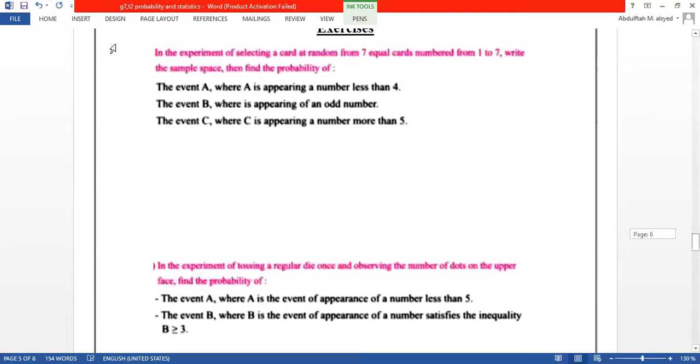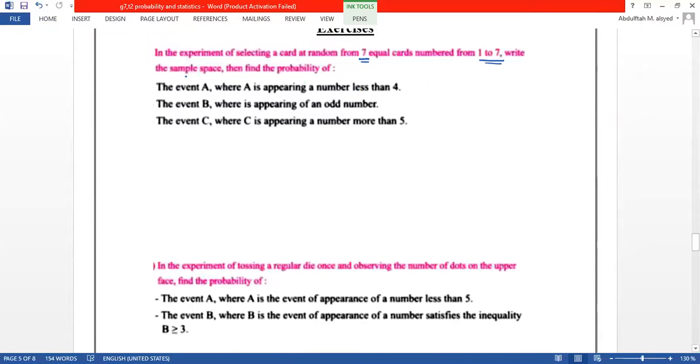First problem. The question says, in an experiment, selecting a card at random from 7 equal cards numbered from 1 to 7.